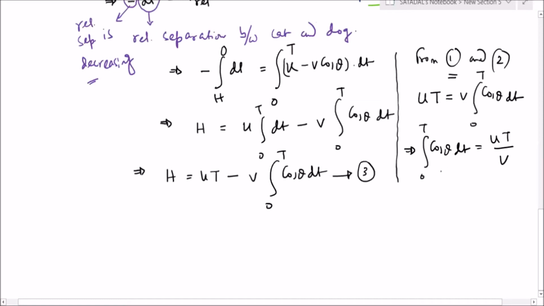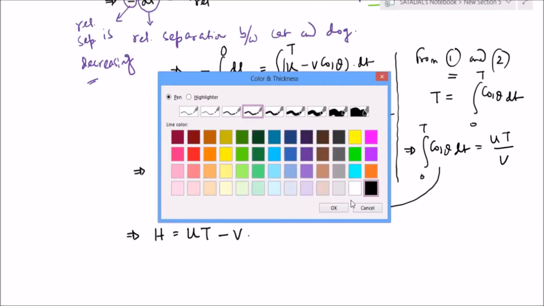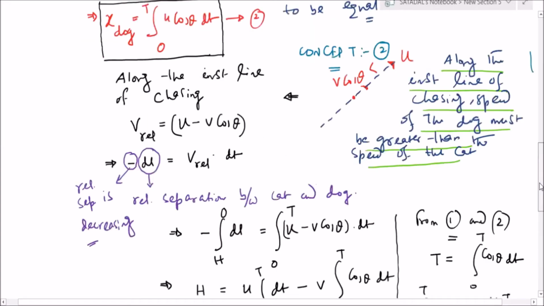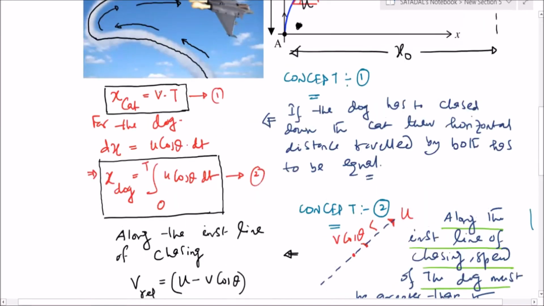Right? The moment you get this value, immediately substitute. So how much will you have? You will have capital H is equal to ut minus v into, wait, you people are not telling me. This is v, this is u. See here. No, this is u and this one is v.